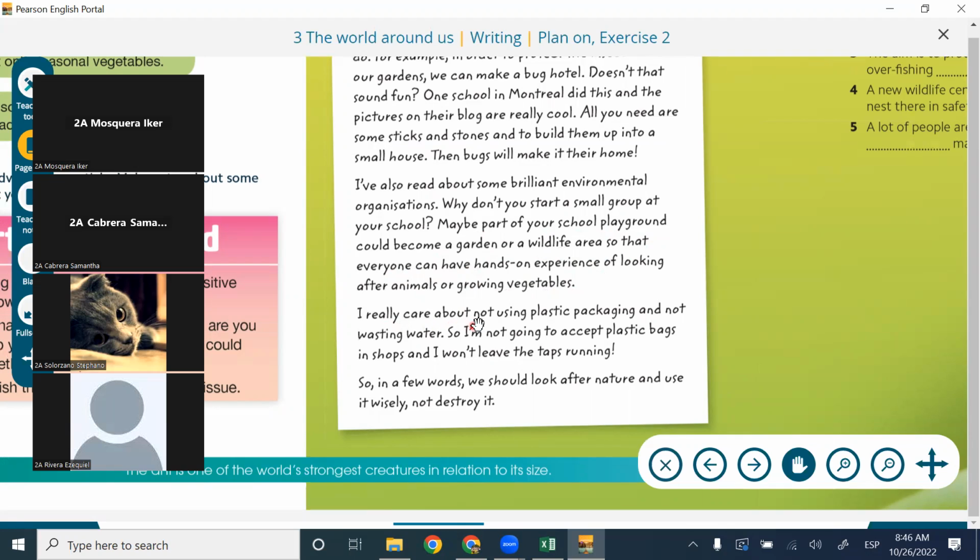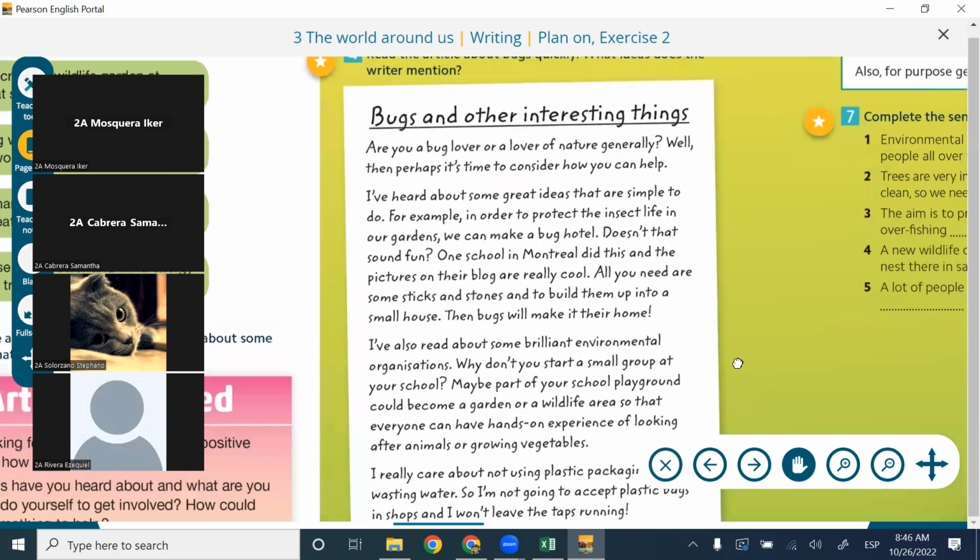I really care about not using plastic packaging and not wasting water. So I am not going to accept plastic bags in shops and I won't leave the taps running. So in a few words, we should look after nature and use it wisely, not destroy it.